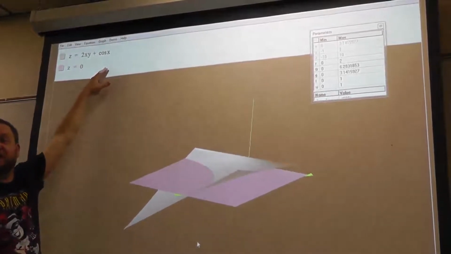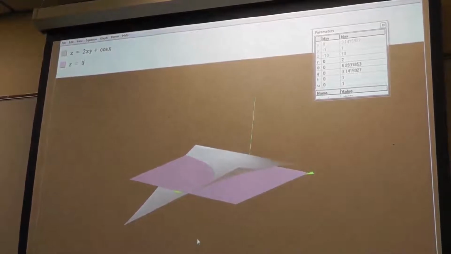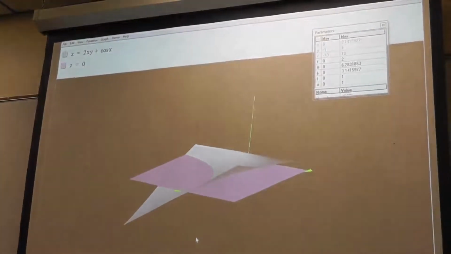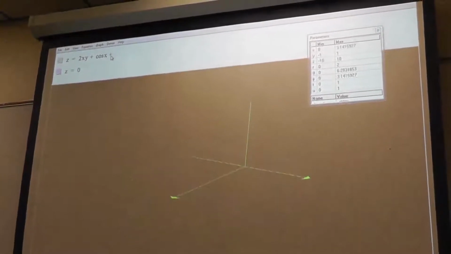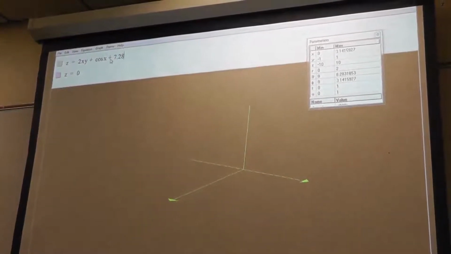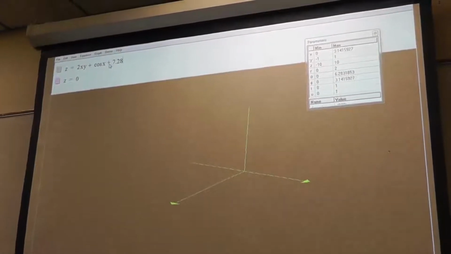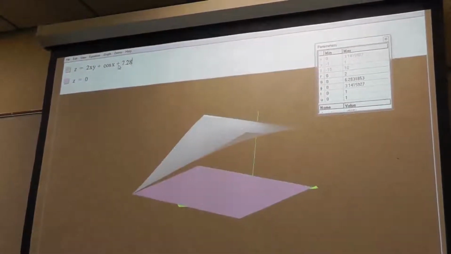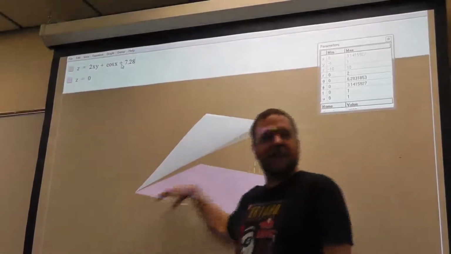So if you shift this function up by 7.28-ish, let me see. If I go up here and just add a vertical shift of plus 7.28, 6.28 plus 1, okay. Now we've shifted it upwards, so that corner now touches the XY plane, but everything else lies above it.